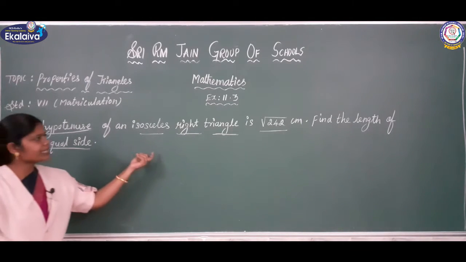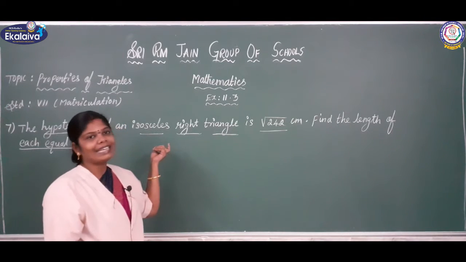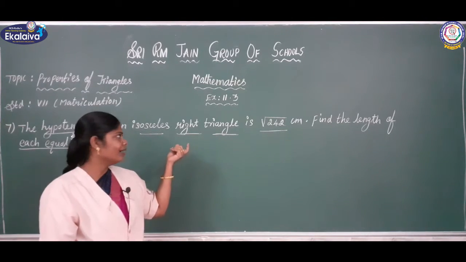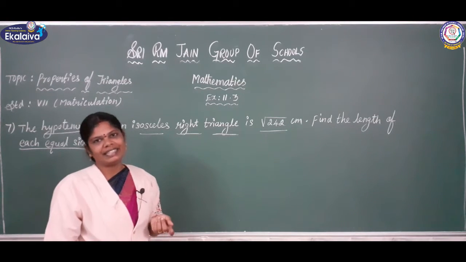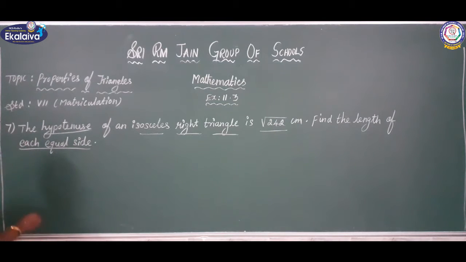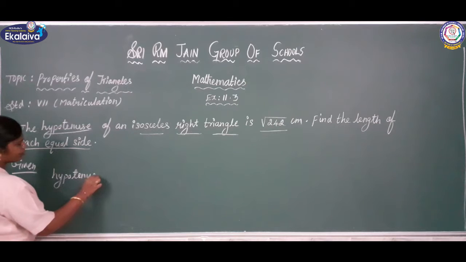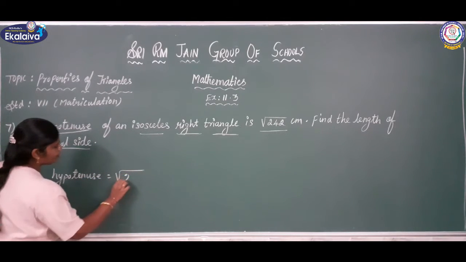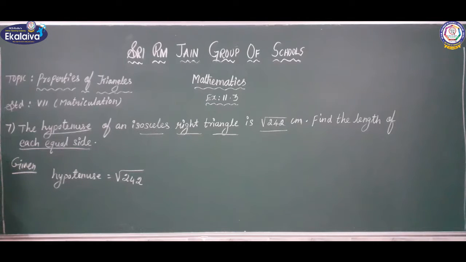Okay, isosceles right triangle. Isosceles means any two sides should be equal, and right triangle means one of the angles should be 90 degrees. So what is given in the question? Hypotenuse equal to root of 242. Let us consider the equal side to be x.